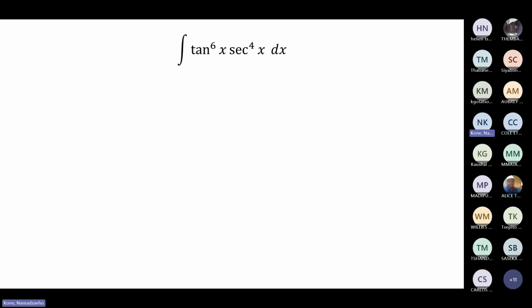Now, because of that fact, if we try and remove from tan power 6 one tan x, and from sec to the power 4x one sec x, for us to have that as a derivative, will we be able to work with what is remaining?